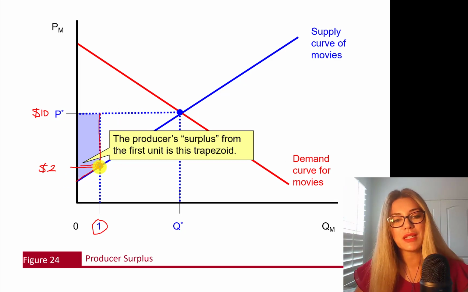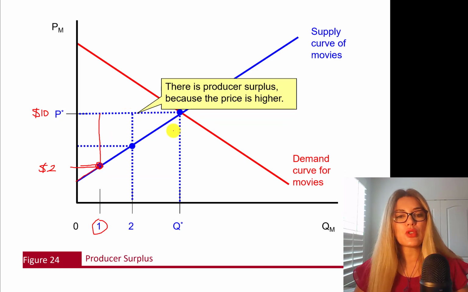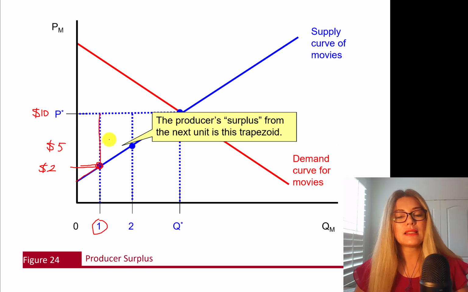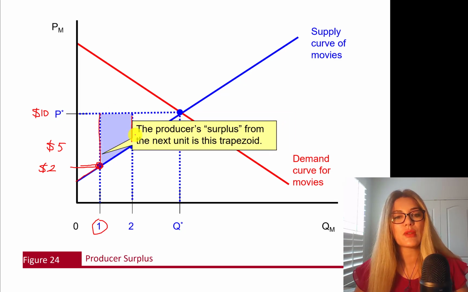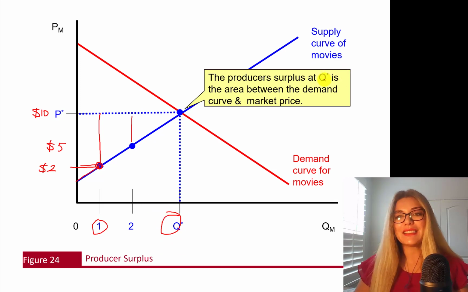Many people here, many companies. There is still producer surplus for the second million burgers because the cost of producing that is, let's say, $5. 10 minus 5, you still see $5 of producer surplus here. And if you add all of those million units, that's going to be the area of this trapezoid.